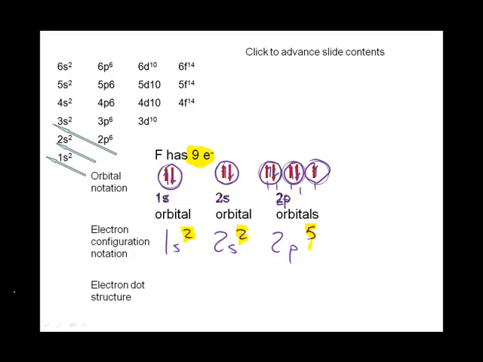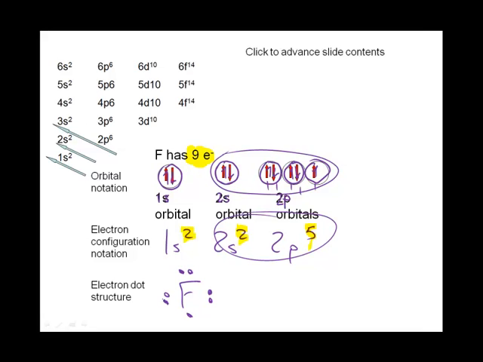And the dot structure is going to include these 7 electrons. So we're going to have fluorine 1, 2, 3, 4, 5, 6, 7 valence electrons.